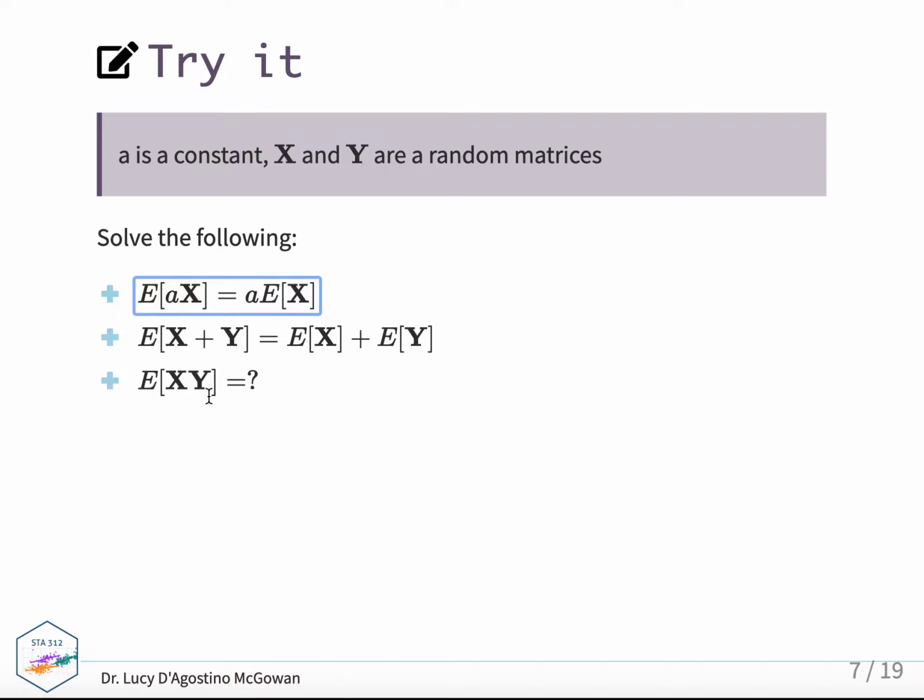There are certain cases where you can split this out depending on things like independence, but if you're just given something like this, you really need to do the long way to calculate what this expectation is. It's not something that you can just use a rule to get. So we're going to leave that as a question mark for now.